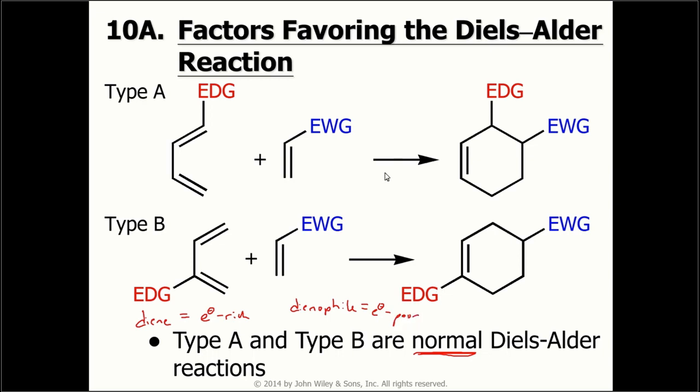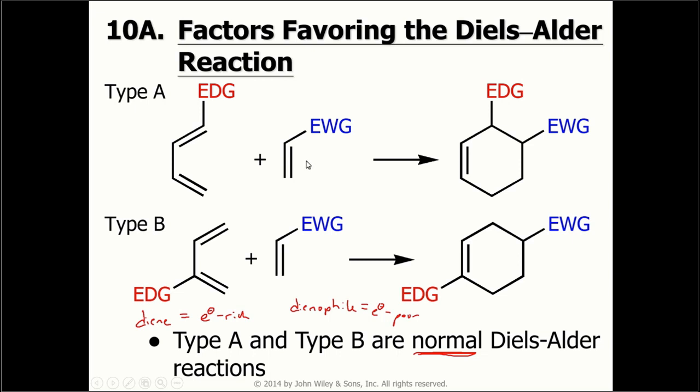And what that means is that the diene has an electron donating group or multiple electron donating groups attached. So we have these electron donating groups on the diene which help to add electron density to this conjugated system and make it more reactive.